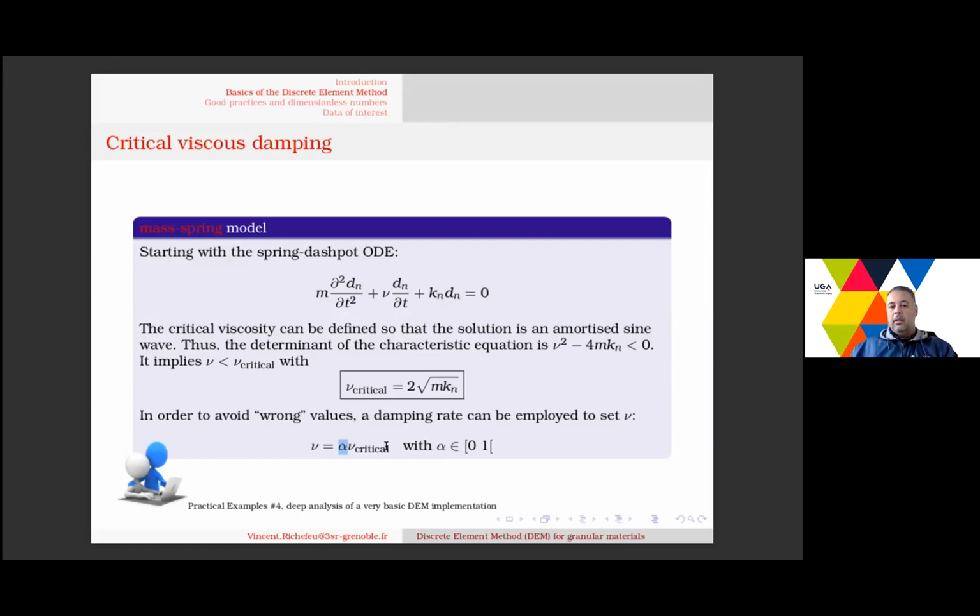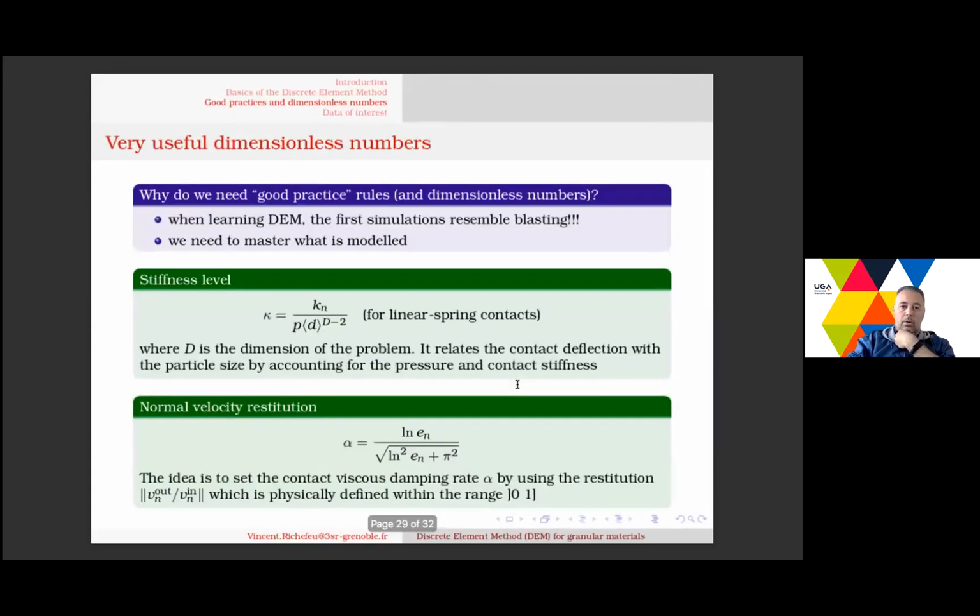That way, we are assured to define something which is physically sound. This portion can be 0, which means you don't have viscosity, but it cannot be 1. It is between 0 and 1, but you will not be able to use 1, because if not, the solution is not okay.